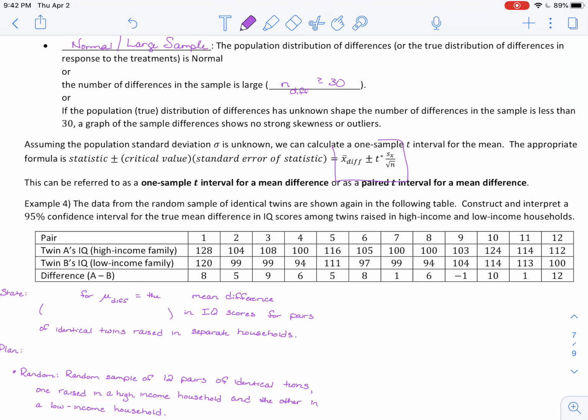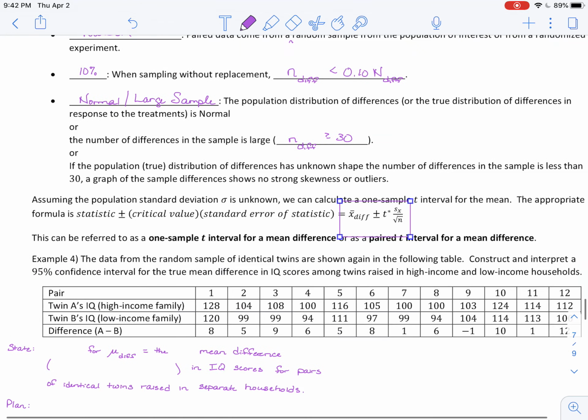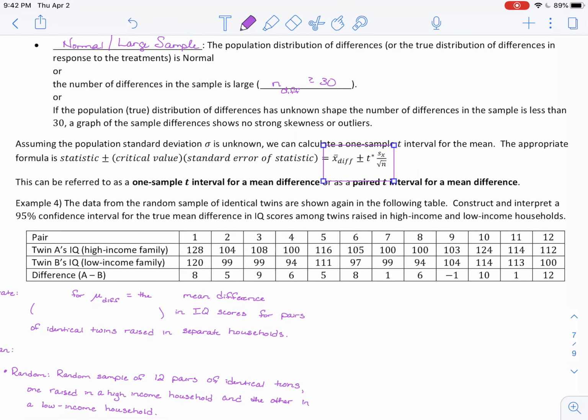If you met those conditions, you use your formula: the statistic plus or minus the critical value times the standard error of the statistic, which should look pretty much identical to last section. I think I kind of mixed and matched those. I was intending to show how it was similar to last section.